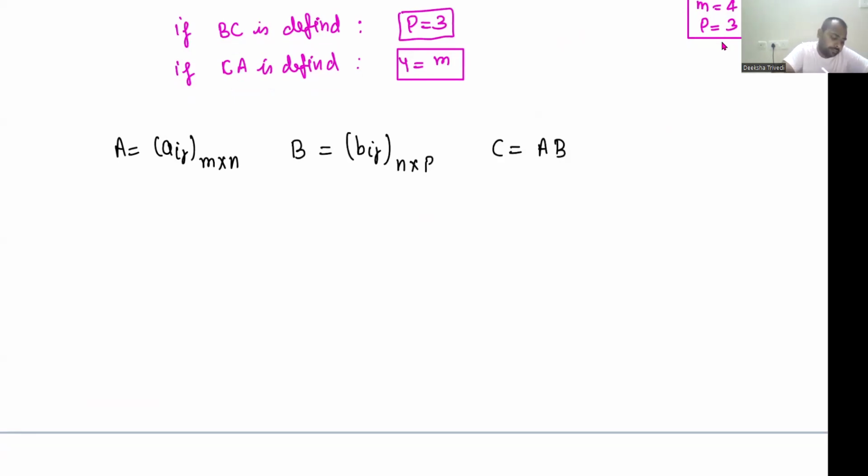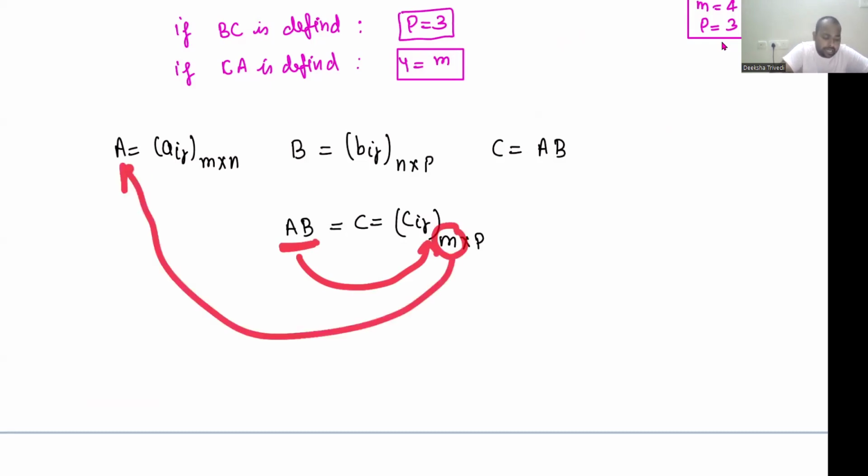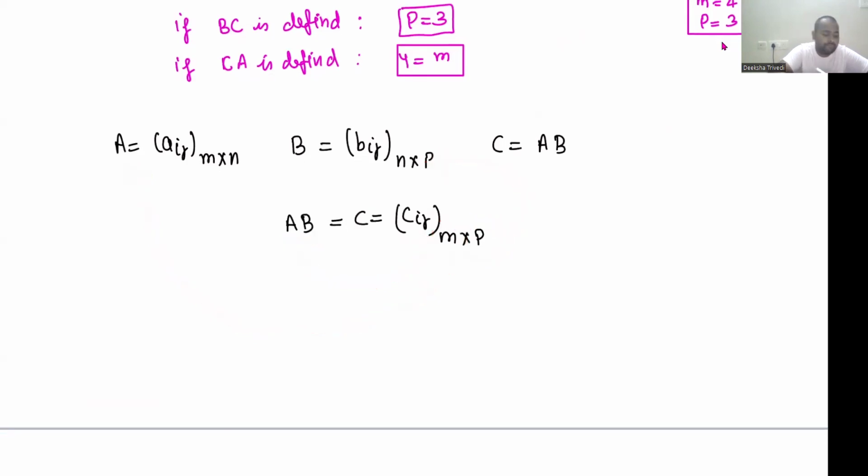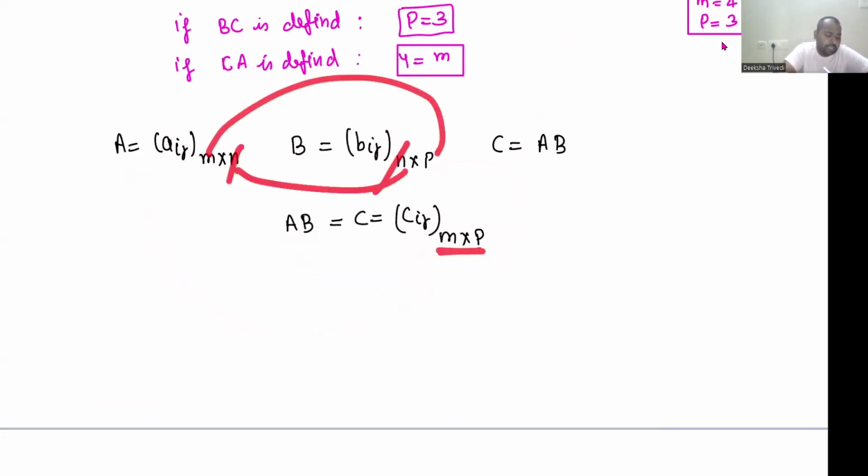So we are saying that C is Cij of order M cross P. After multiplication, in the resulting matrix the number of rows is the same as A and the number of columns is the same as B. So the order of the matrix after multiplication is M cross P. This N and N are the same.